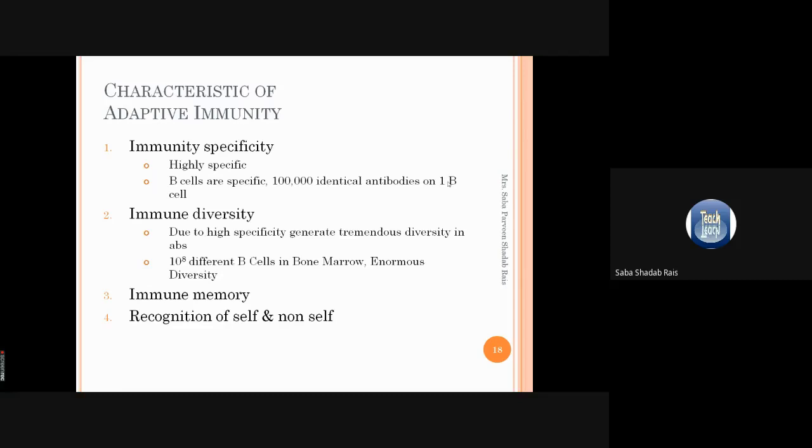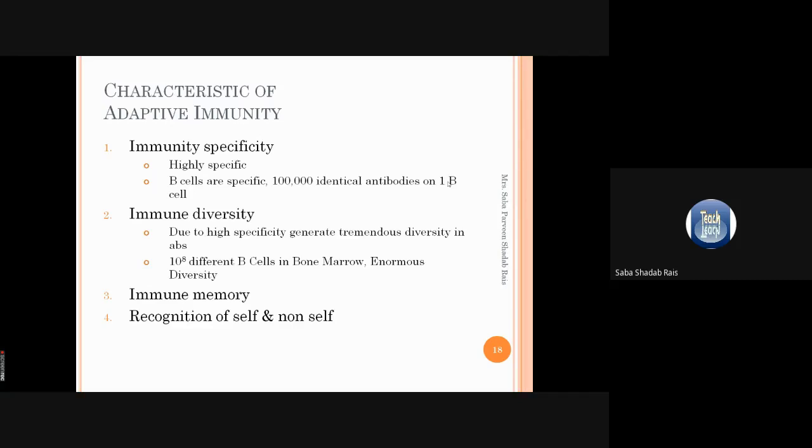For example, if a person is infected with the malarial parasite, that malarial parasite will be processed, and the antibody against the malarial parasite will form. Not only this, but the memory cell which can recognize the malarial parasite on re-exposure will also be formed, and it will be saved for a lifetime.